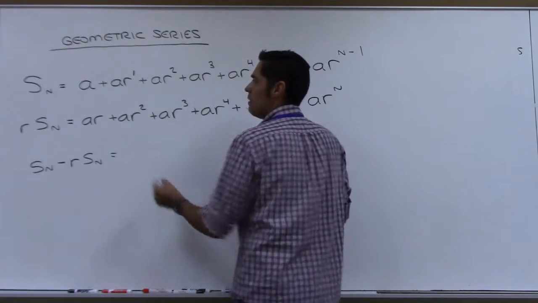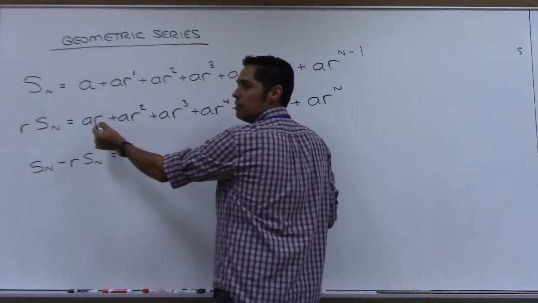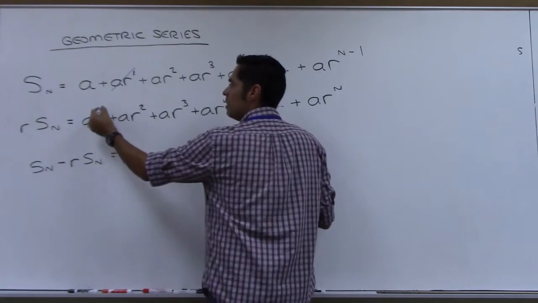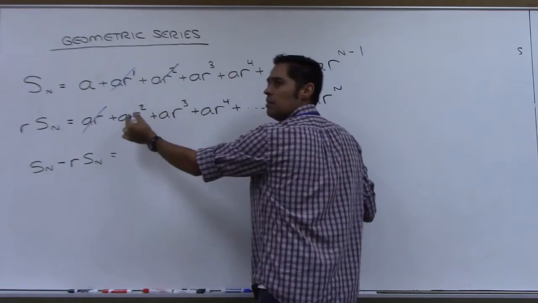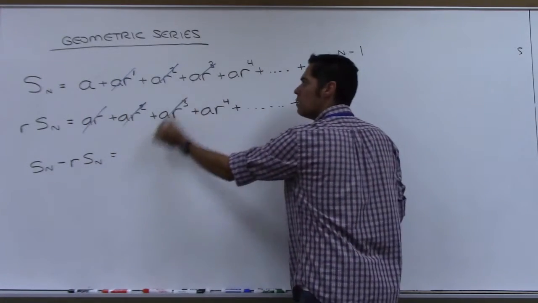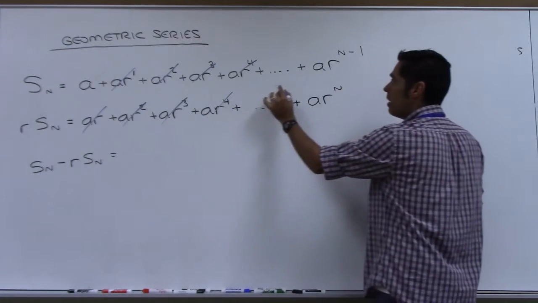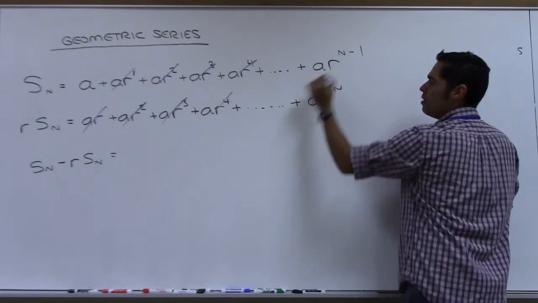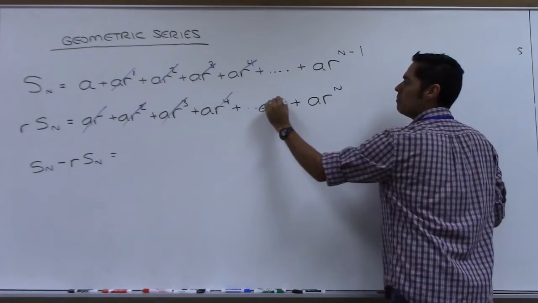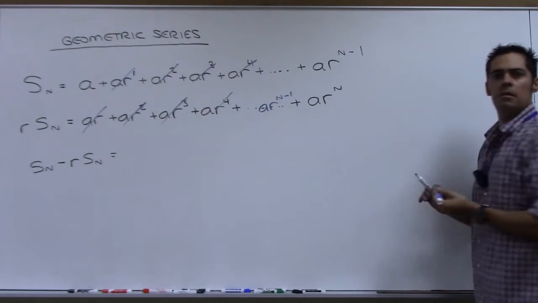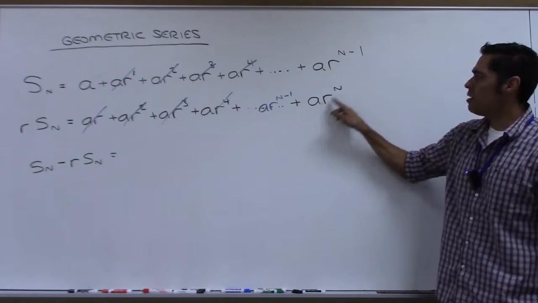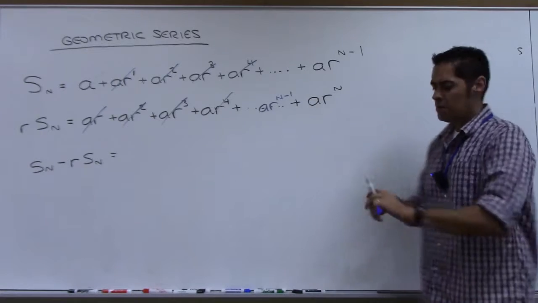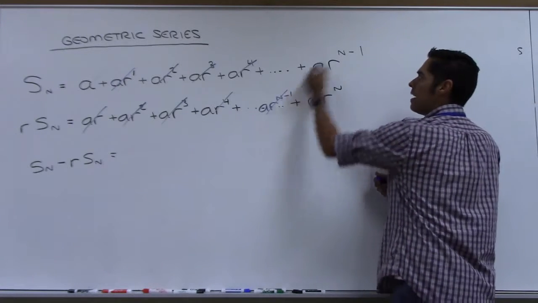Well, this a doesn't go anywhere, but this ar subtracting this one, that's gone. ar squared, gone, gone, gone. Not everything, though. This one right here is the one right before this one. If this is ar to the n, then the one right before it is ar to the n minus 1. So these two will cancel, won't they?